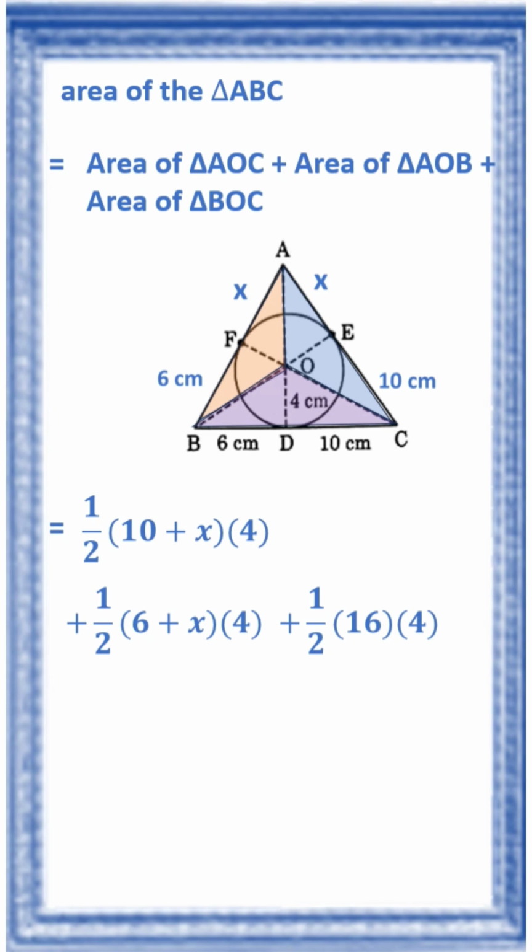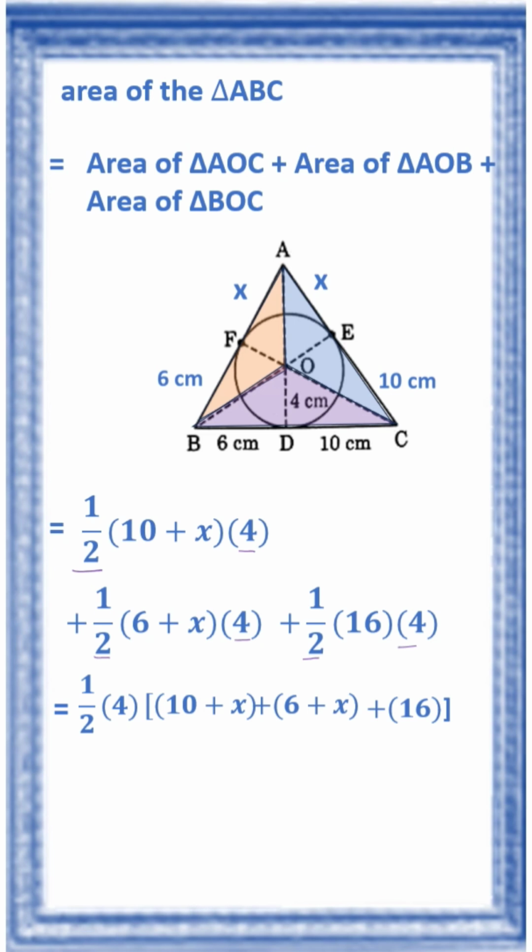Now let us simplify. That is equal to half into 4 into, because half and 4 are common to all of the terms, so I have taken them out of the bracket, 10 plus x plus 6 plus x plus 16.